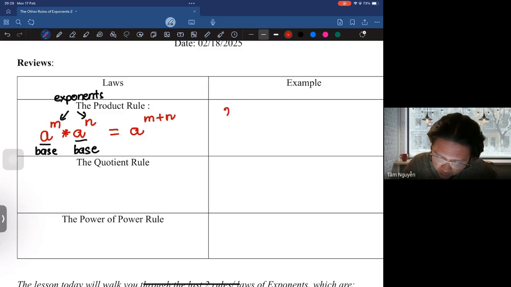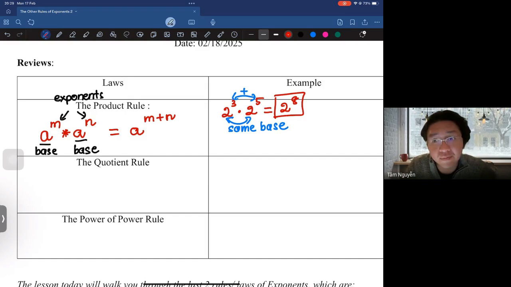We have 2 to the power of 3 multiplied by 2 to the power of 5. As you can see, they have the same base, 2. So you keep the base, and for the exponents, you just add them together to get the final answer.